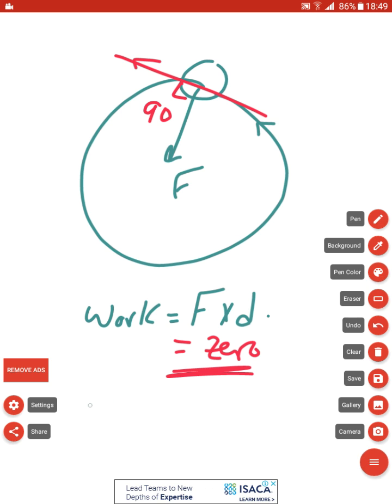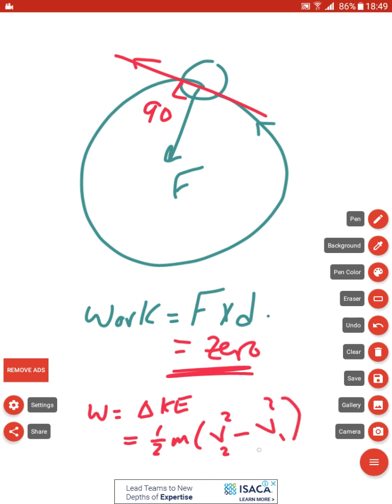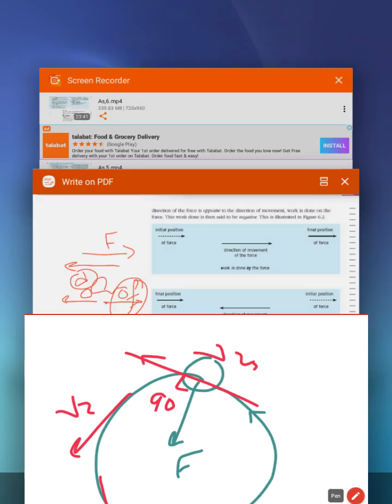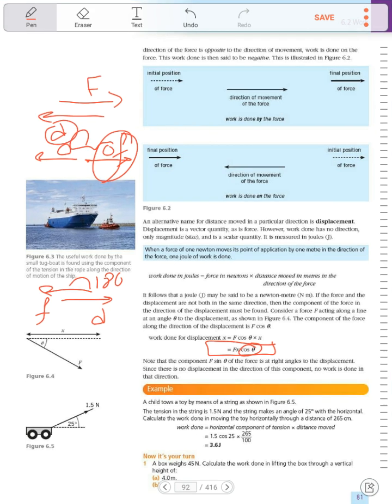Or we can use the relation that work equals change in kinetic energy, which is half multiplied by mass by final speed squared minus initial speed squared. In a circular motion, we know that the speed is the same, but the velocity changes. So here again, the change in kinetic energy is 0, and the work done is 0 as well for the object moving in a circular path.